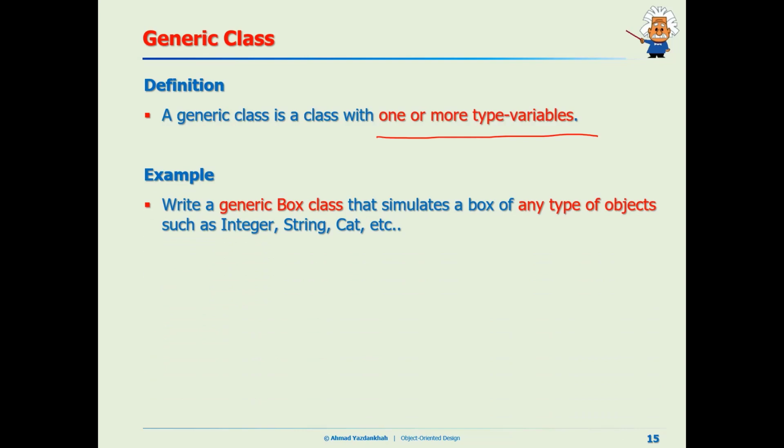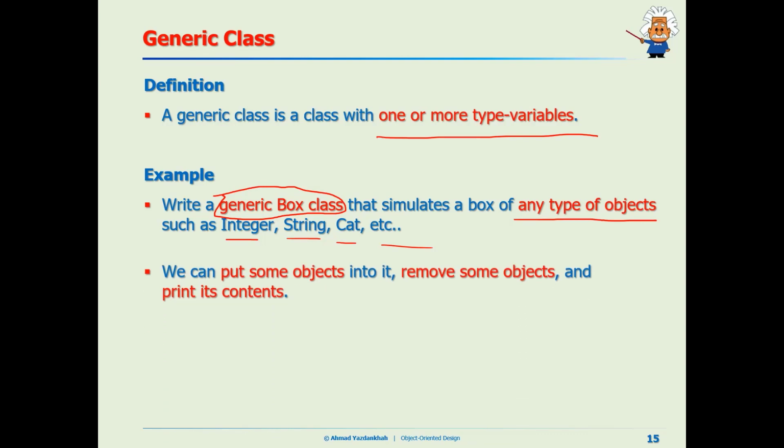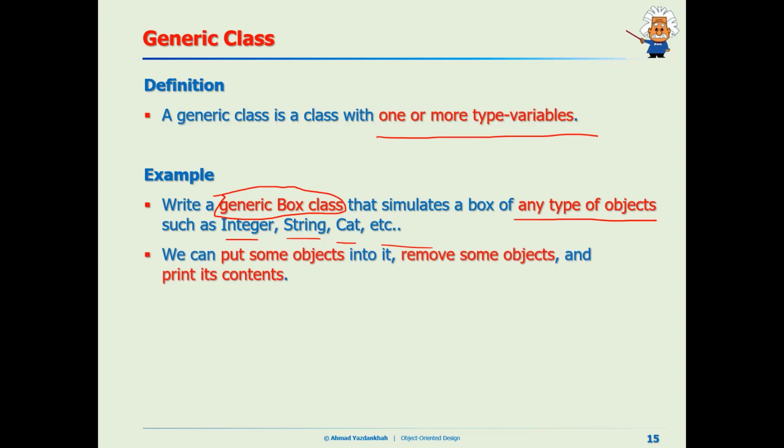So we want to create a generic box that we can put any kind of object in, like integer, string, cat, employee, whatever, right? We can put some object inside that, and also we can remove them.